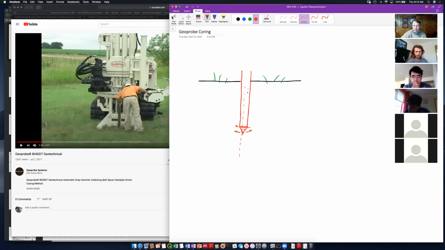This inner casing is hollow, and it's going to collect soil inside it. We'll drive that down about 1 meter, and it'll collect about 1 meter of soil. Then we pull that back up, we reinsert the triangle, and when we drive down this opened hole, we would drive down to here.